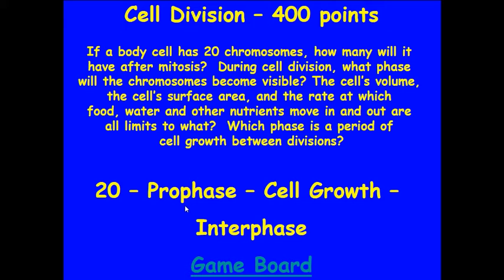Cell volume, surface area, and the rate at which it brings things in and out are all limits to cell growth. And then that period of cell growth in between meiotic or mitotic divisions is called interphase. That's where the chromosomes are doubled during DNA replication, and it's where the cell prepares for mitosis or meiosis.